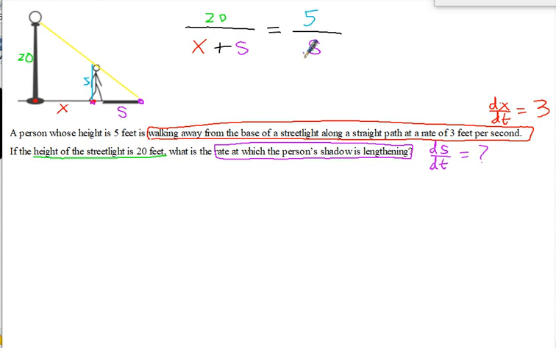And then to simplify that, we can cross multiply. So you would get 20s equals, we distribute the 5 times both of these, the 5x plus 5s.